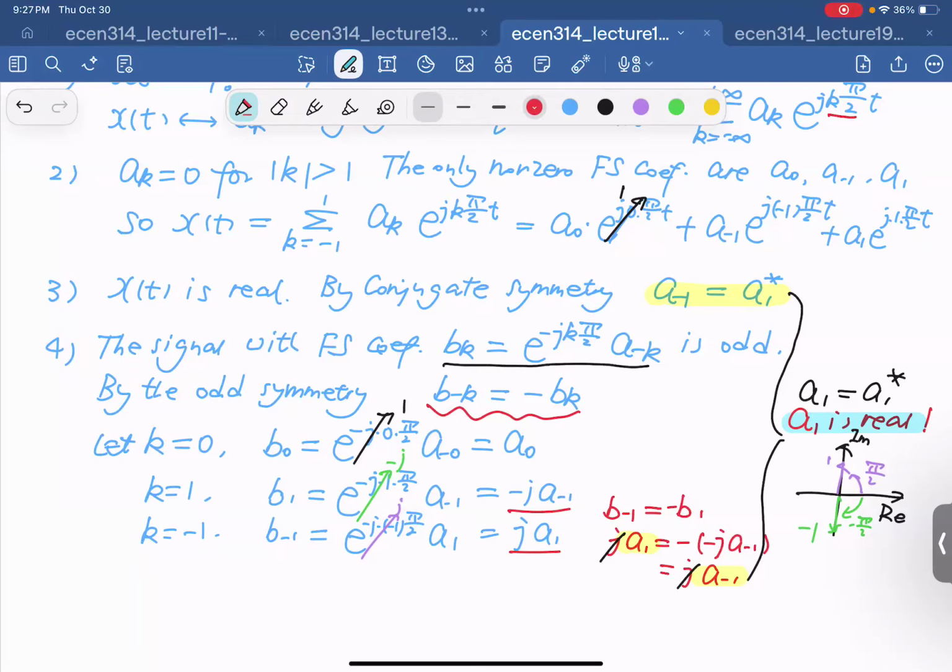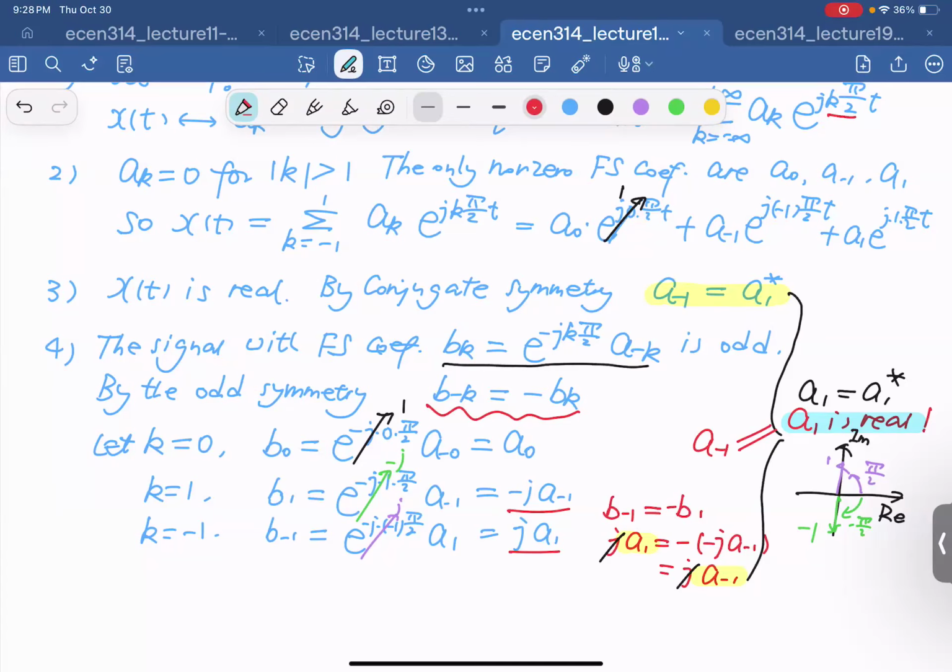Well, if A1 is real, and A sub minus 1 is a complex conjugate of A1, that means A sub minus 1 is also real, and they are equal to each other. Okay, so one less unknown.